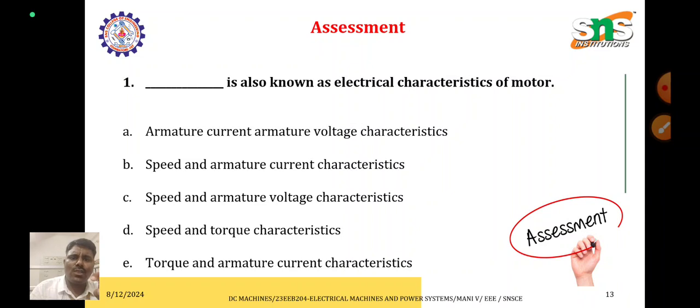With respect to the quantities like torque, armature current and speed, these are the main parameters involved to draw the characteristics. Based on the quantity, you can analyze why it is named as electrical characteristics and why it is named as mechanical characteristics, so that you can find the answer and put your answer in the comment section.